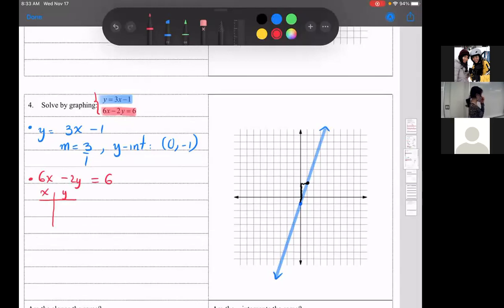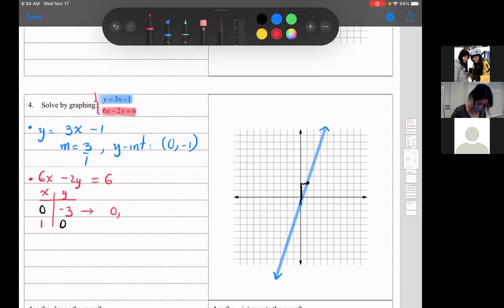For the second one, I'm gonna pick points because I don't feel like solving for y. Again, my favorite, 0 for x. When x equals 0, what's y equal to? Divide both sides by -2, y is -3. And then when y equals 0, x is equal to 1, right? You can do it in your head.